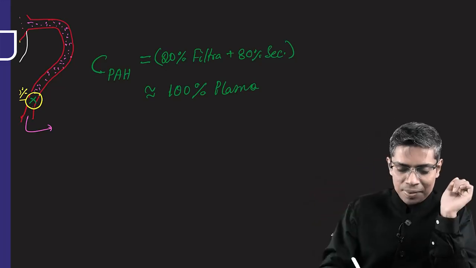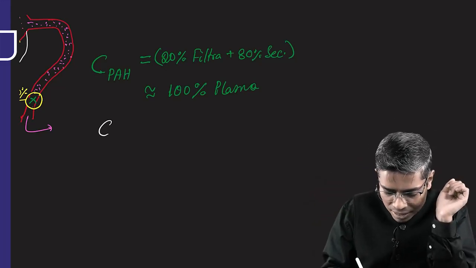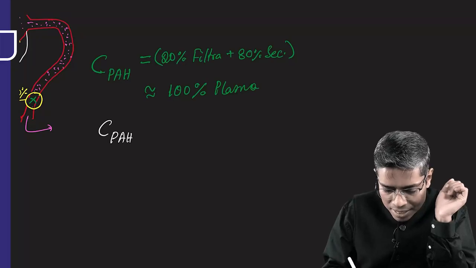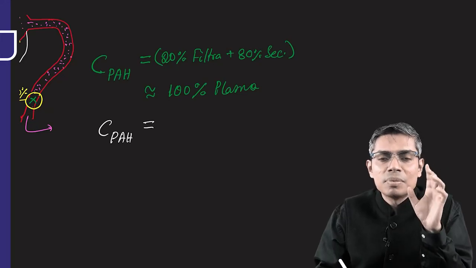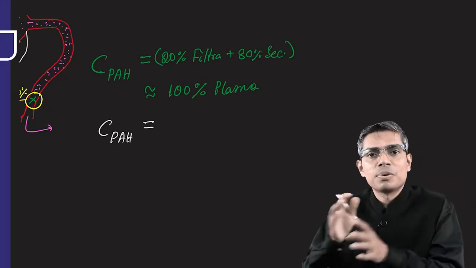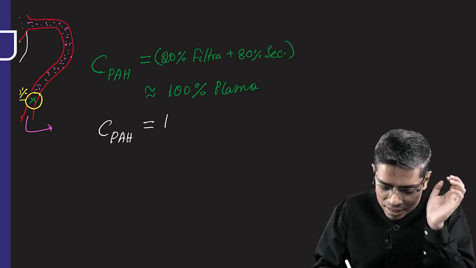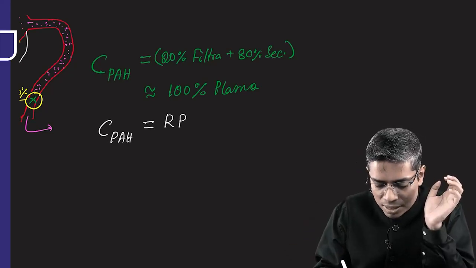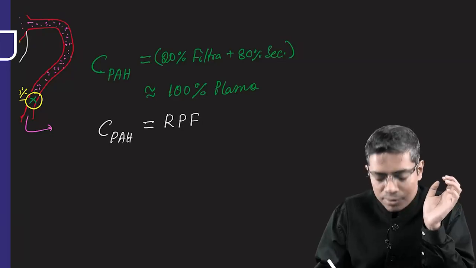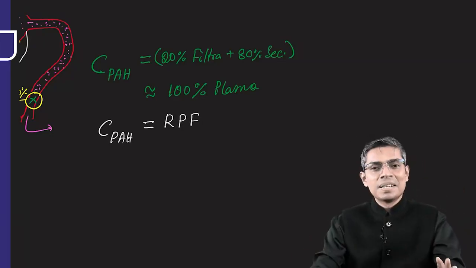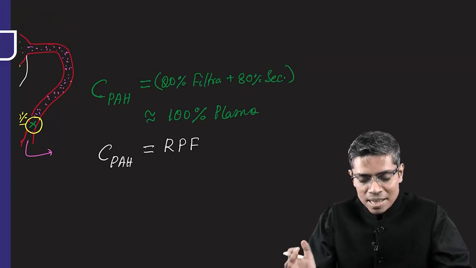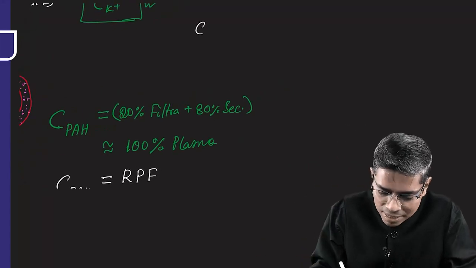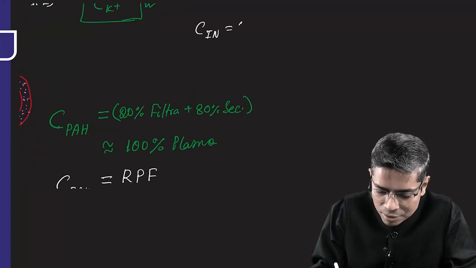That's why we say that if you measure the clearance of PAH, you are going to get 100% of the plasma which is flowing through the kidney, and that 100% of plasma is nothing but renal plasma flow. That's why we say that clearance of PAH is equal to renal plasma flow, and previously we have seen that the clearance of inulin is equal to GFR.